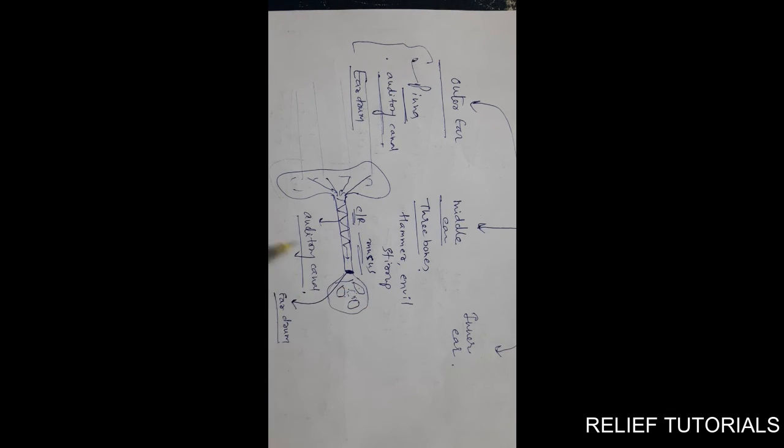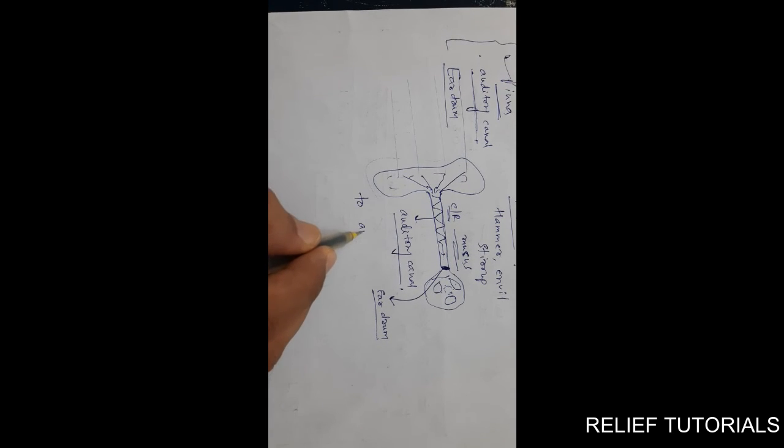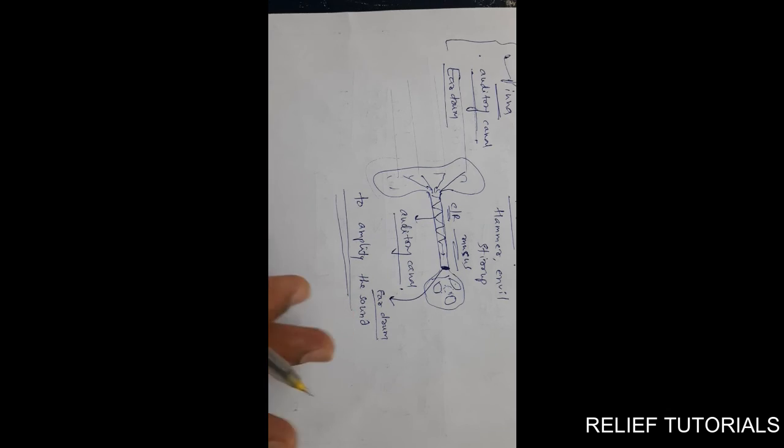What is the function? The function is to amplify the sound. Function of these hammer, anvil, stirrup is combinedly to amplify the sound.